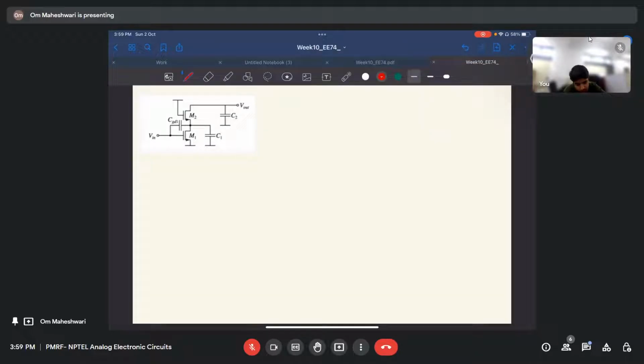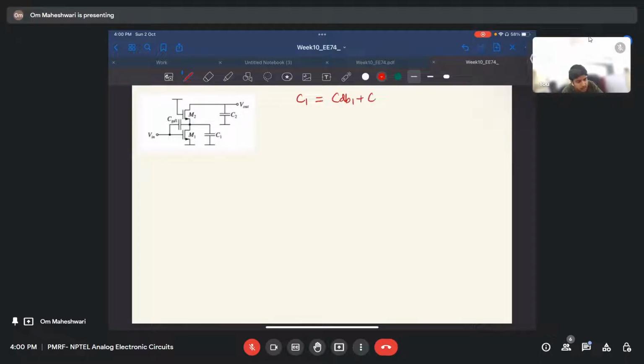Let me write what C1 and C2 are first. C1 will be CdB1 plus CSB2 plus CGS2, and C2 will be CdB2 plus CGD2. If you analyze this, you can see that these are correct.